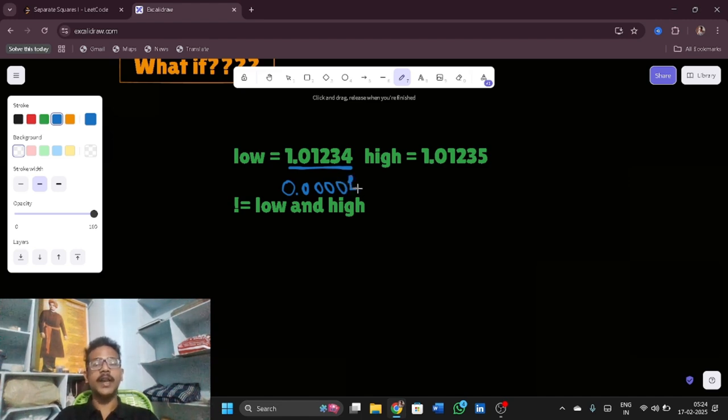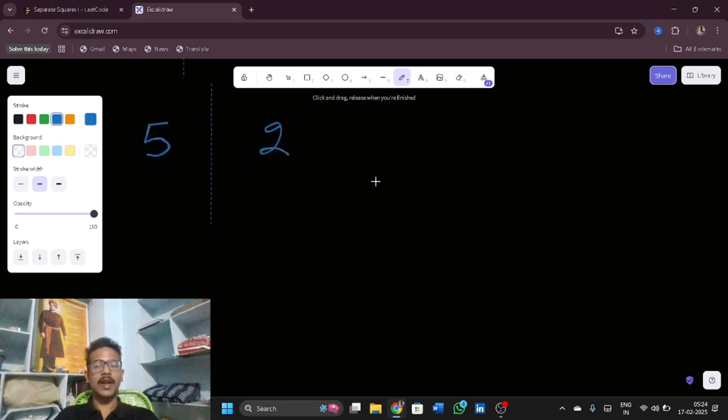This is negligible, so that I am trying to make the low and high values equal. And also, if I am adding to low, I need to remove this from my high: 0.00001. So if I remove this and add this from low, I'll add this condition.